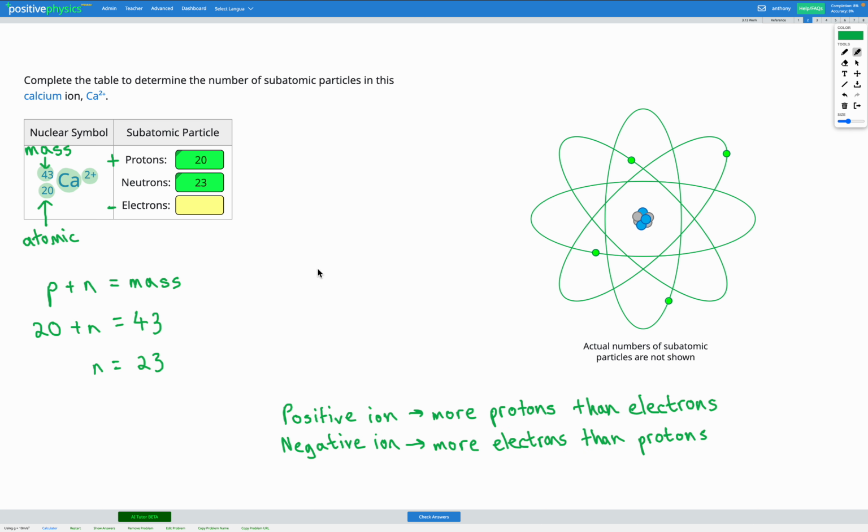In this question, we have a charge of 2+, so we have a positive ion. That means we have more protons than electrons. Specifically, we have 2 more protons than electrons. So the number of electrons is going to be the number of protons, which was 20, minus 2, because we know we have 2 more protons than we have electrons. So that's going to give us 18 electrons.